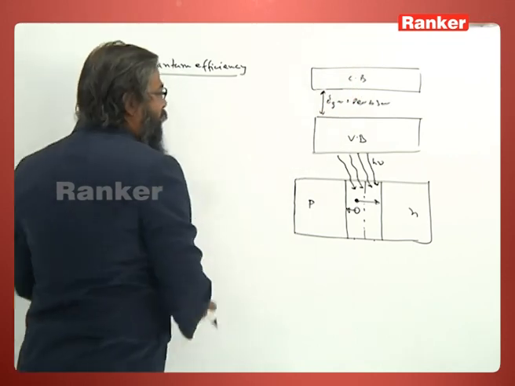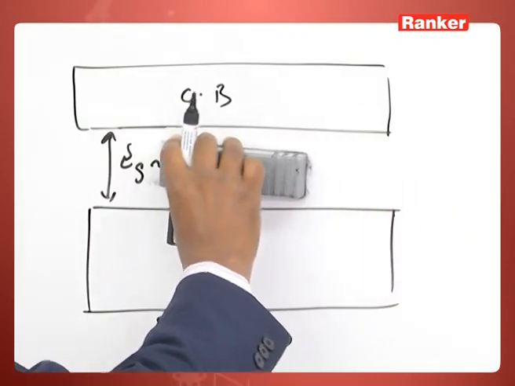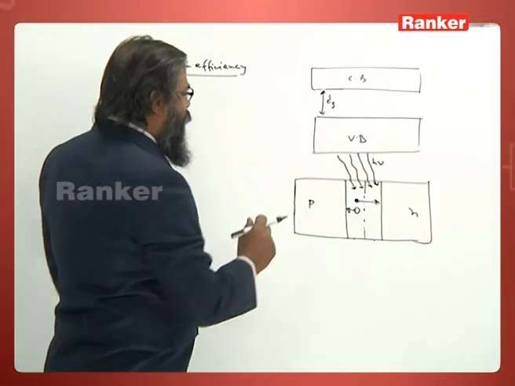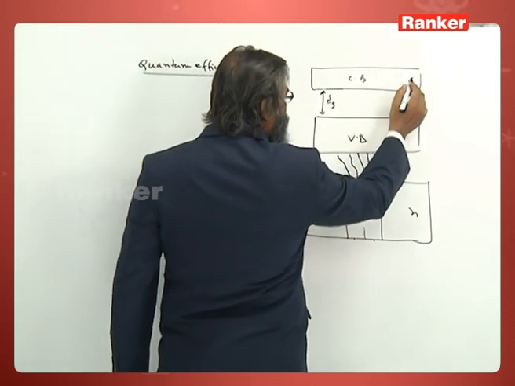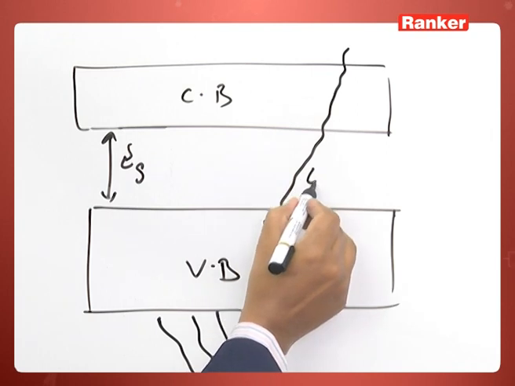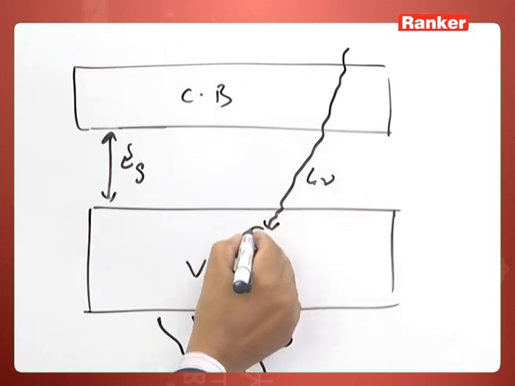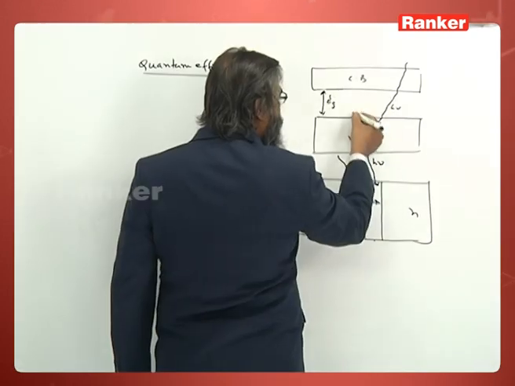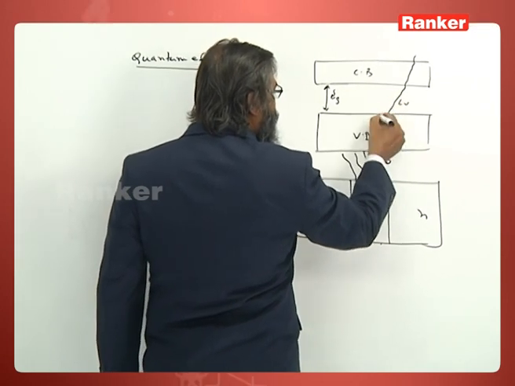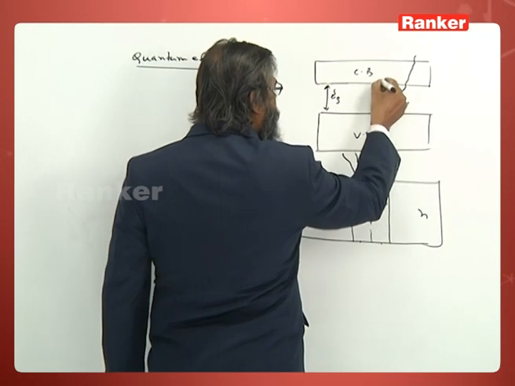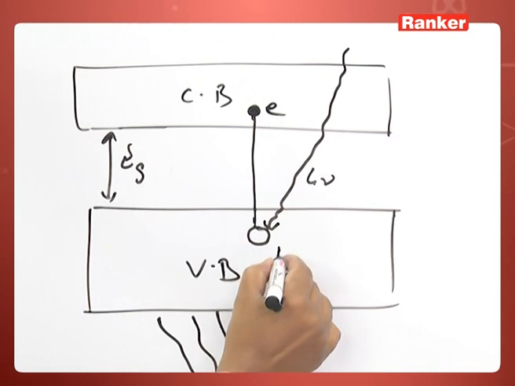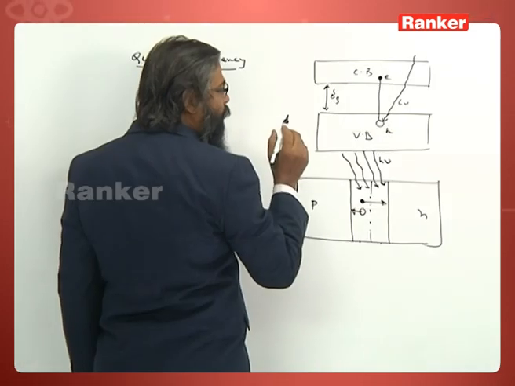So this is Eg lying in the visible region. Now when the photon falls, this is h nu amount of energy, then a hole is created, and this energy gap, the forbidden gap, is equal to this. So this finally goes to here, and thus electron is here. So this is electron, this is hole. So it absorbs h nu.